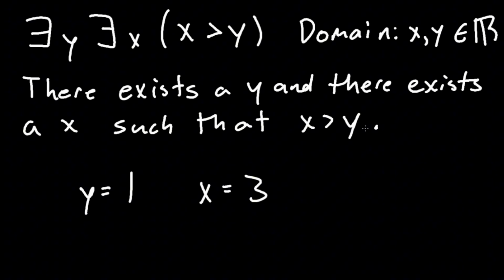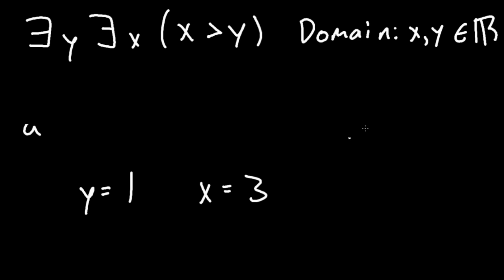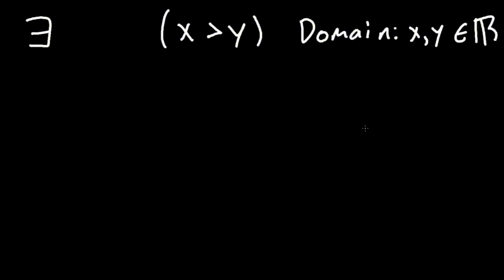Now, the order might not really seem that important to you right now. But here, let me actually show you why it's important. What if we used x and y here, so let's use exists for x and for all for y.